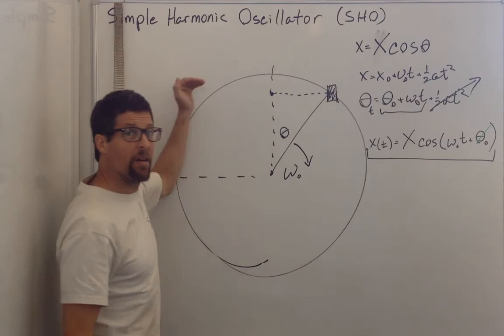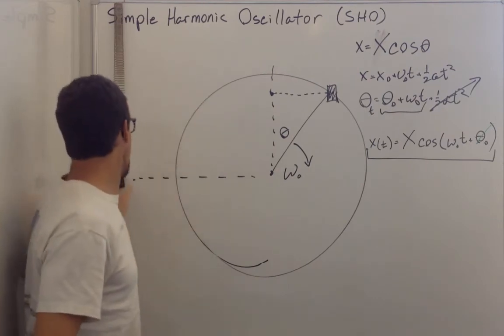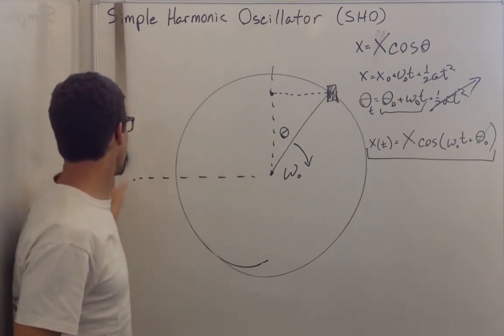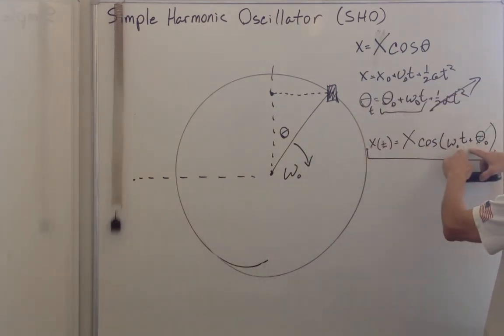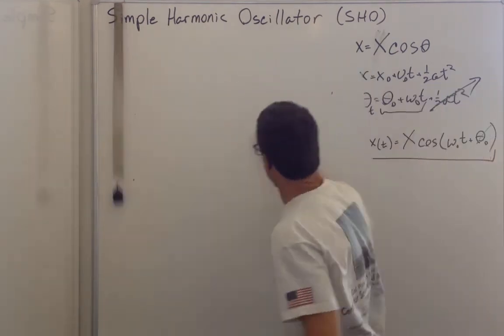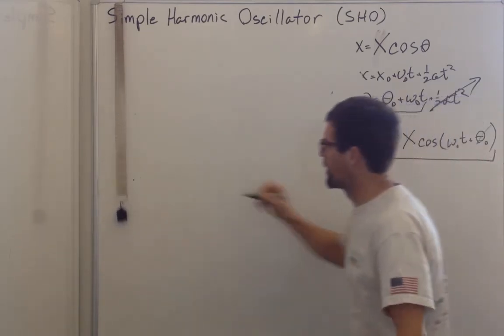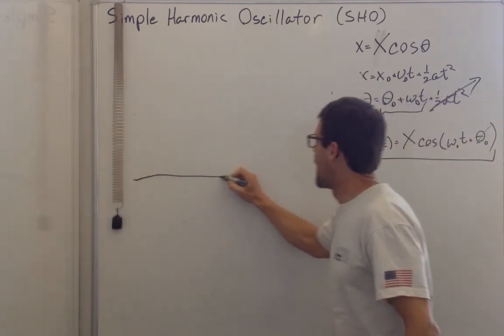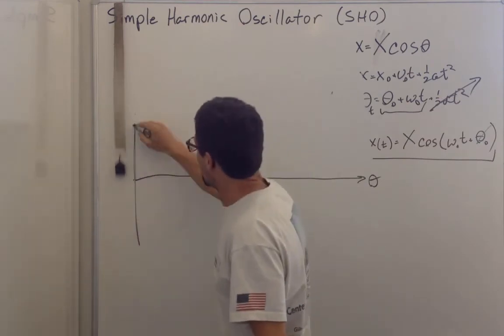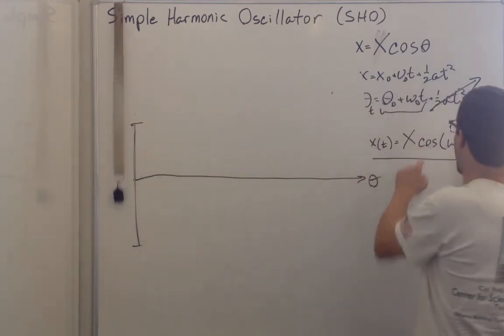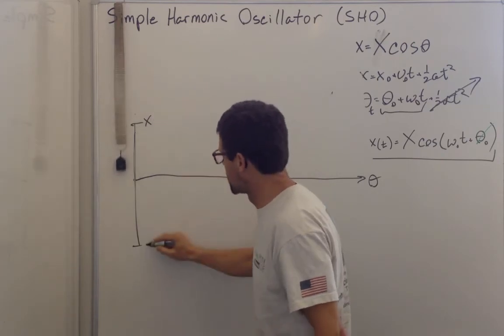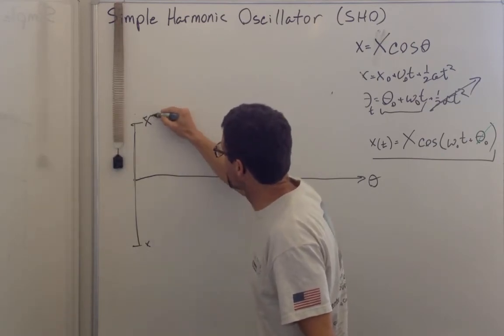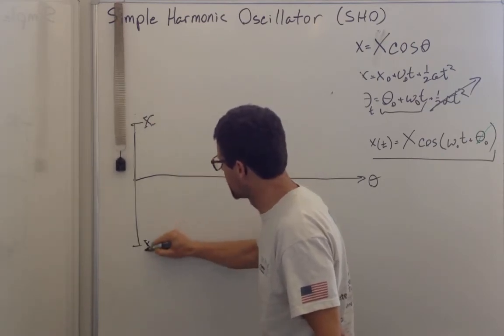So how would we graph height over time as this thing bounced up and down? Well, we know how cosine varies with theta. It's sinusoidally varying about 0. And so cosine of theta would go from positive x to negative x, and this is that capital X amplitude.